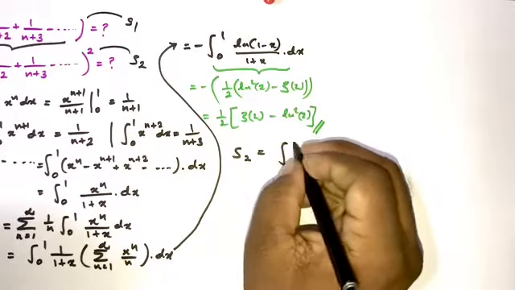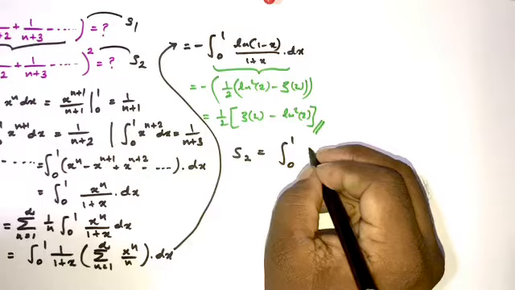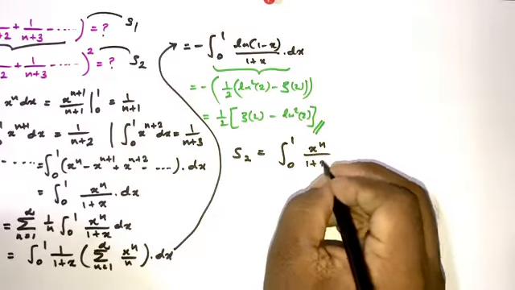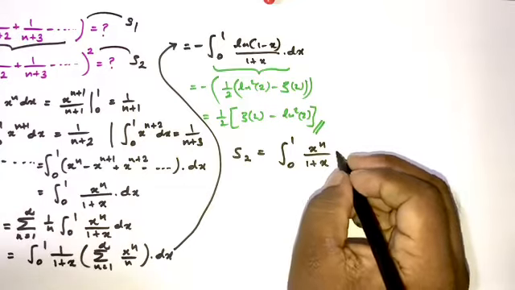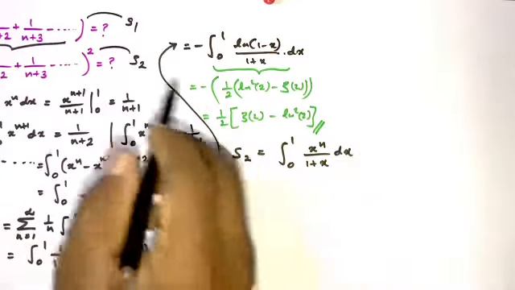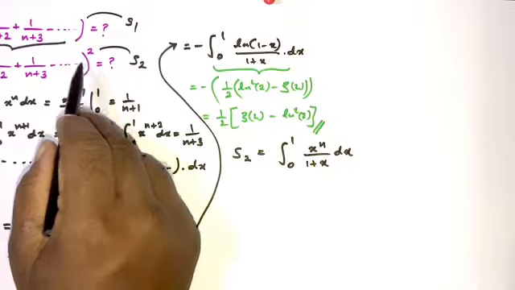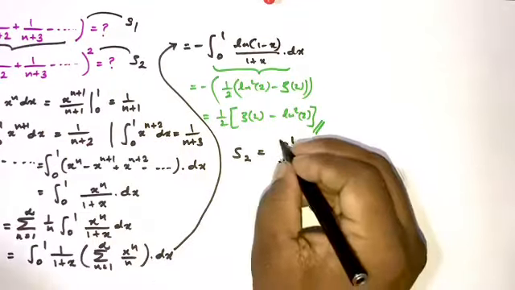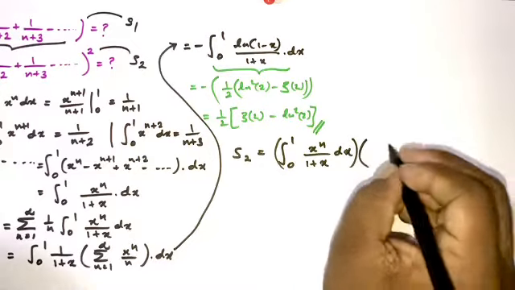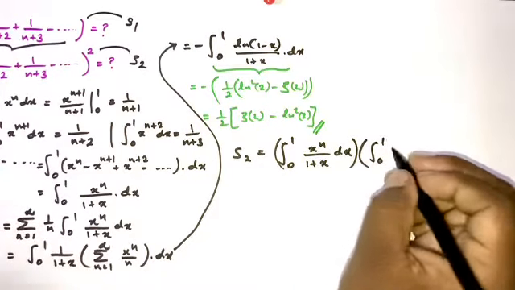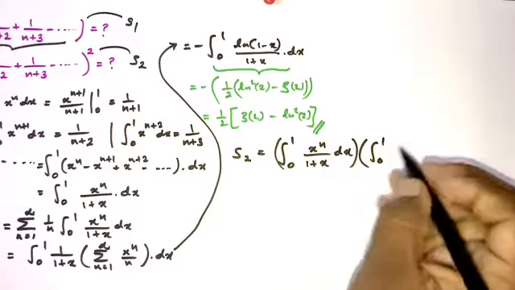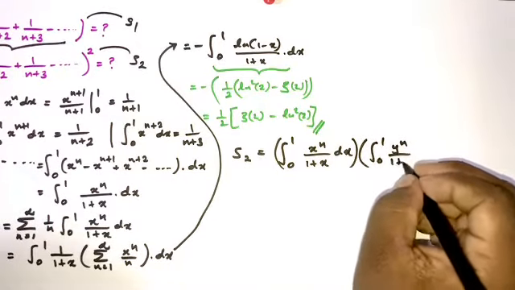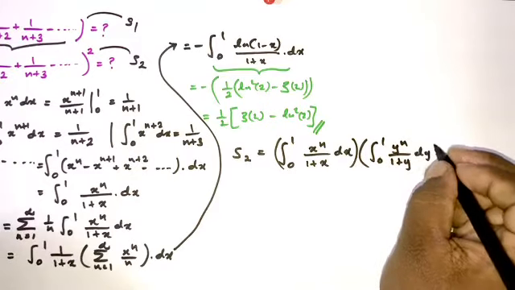So 0 to 1, we know x to the n over 1 plus x dx, but here we have a square, so we have power of 2. So we can write this is equal to the integral from 0 to 1, the same integral, but I'm going to change the variables, so y to the n over 1 plus y dy.